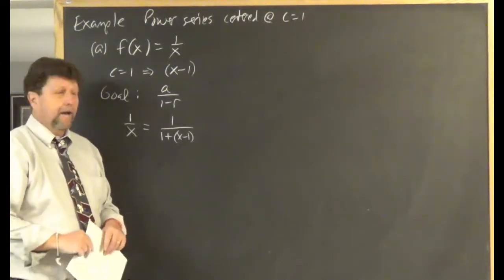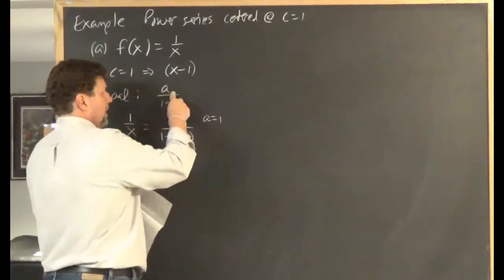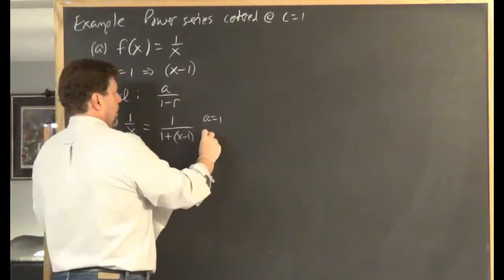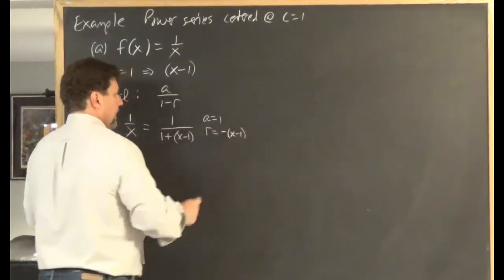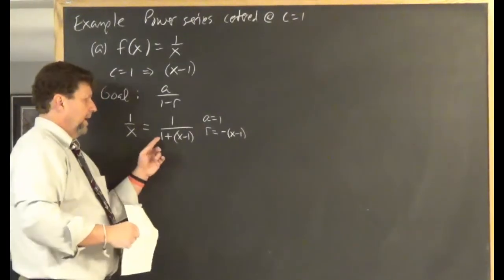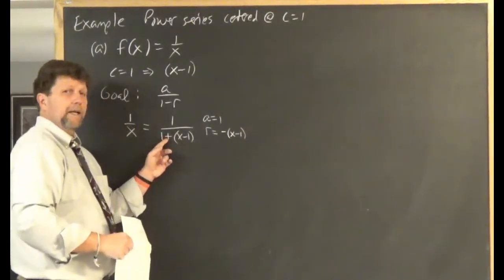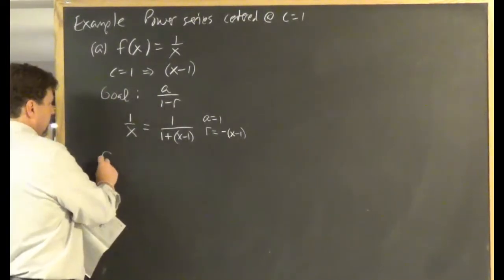I think that's it. I mean, we have a is 1, r is negative x minus 1, 1 minus a negative.